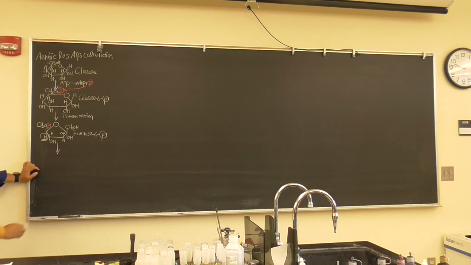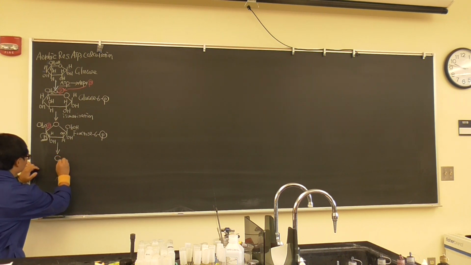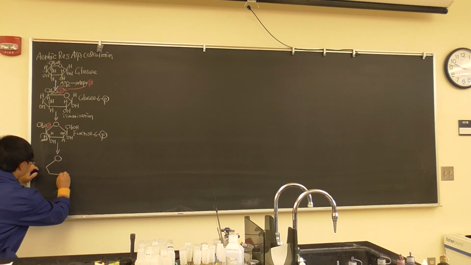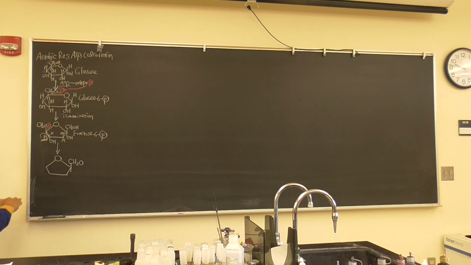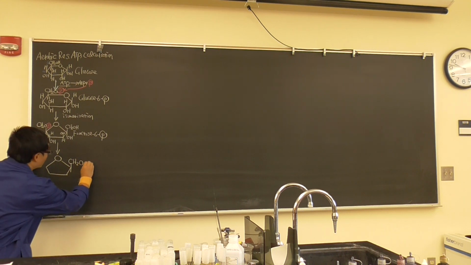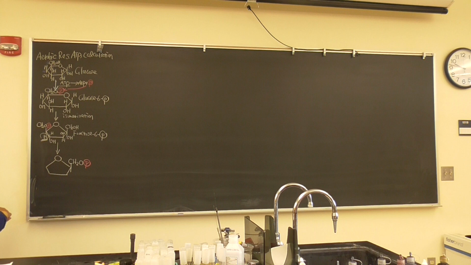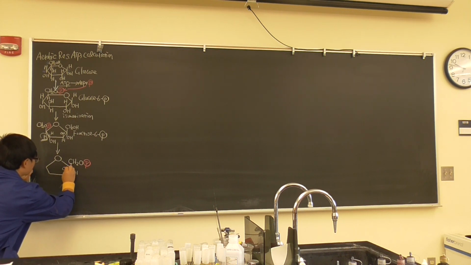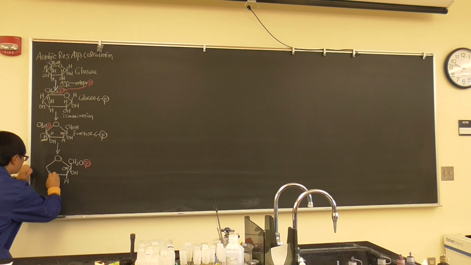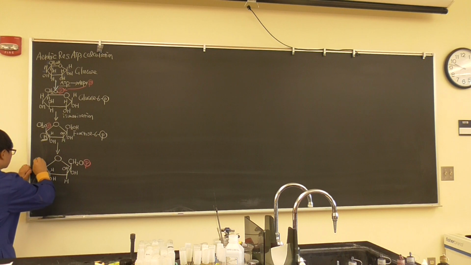It becomes what? Fructose 1,6-biphosphate. So let's draw it. That's the same thing. CH2O. It's already called a 1,6-biphosphate. So at one position you have one. So we do OH here, OH, H, H, OH. Then go down here is H, CH2O.